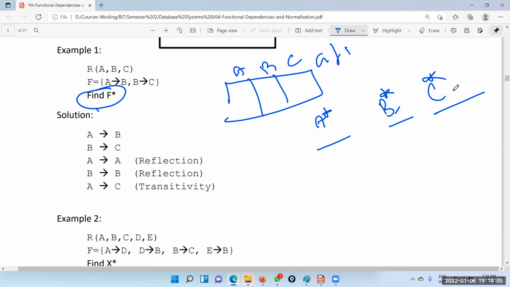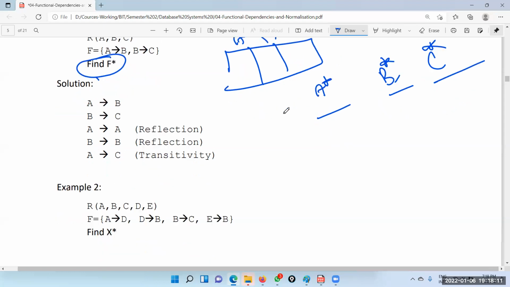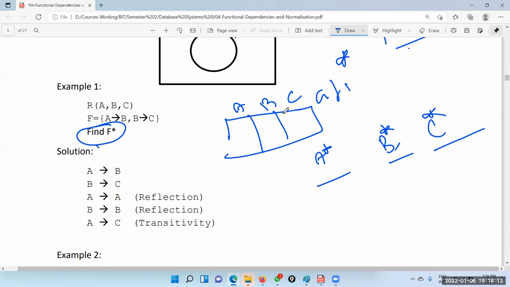Right, now let's find the A closure. Here you can see that by reflexivity, A always determines A. By reflexivity, something is always determined by itself. So A is in the A closure.